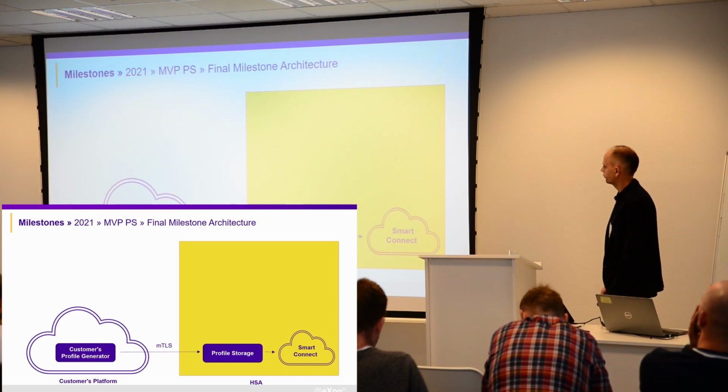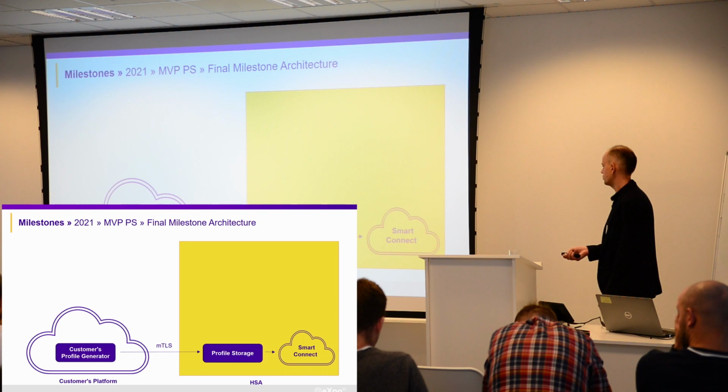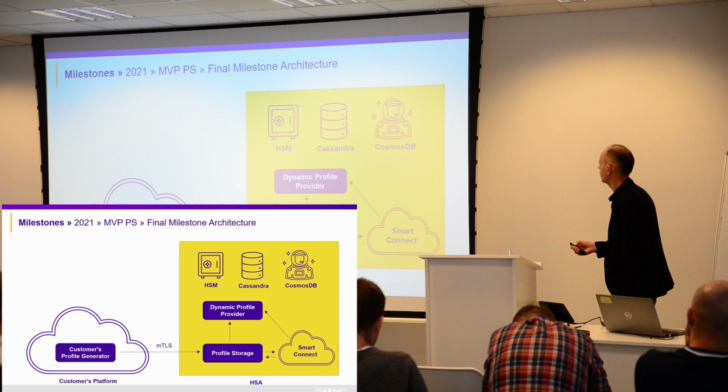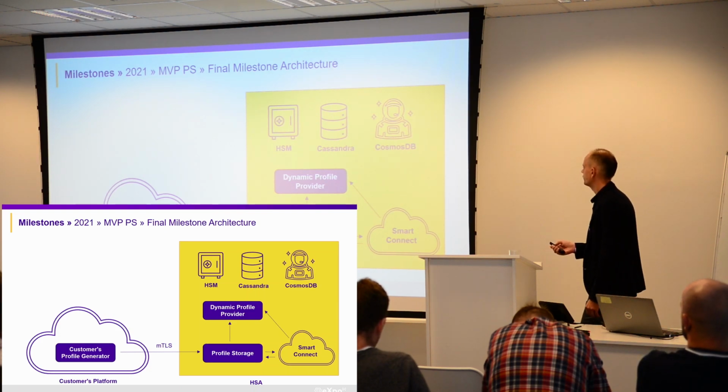This is a small view of how it looks right now. So we have some customer platform, and the customer can send the profile to the SMD profile storage, and the profile storage is right now forwarding it to the smart connect. But in the future, of course, there will be some storage. We are ready for Cosmos DB or other native services with these workers.